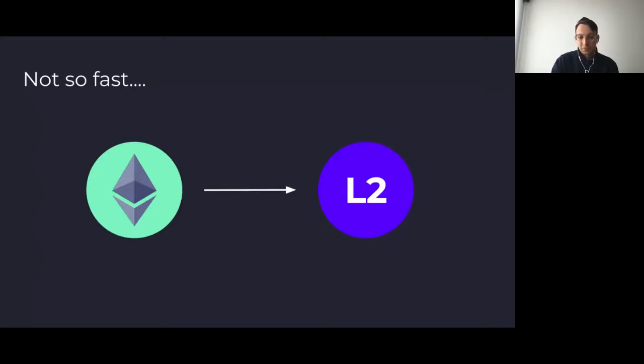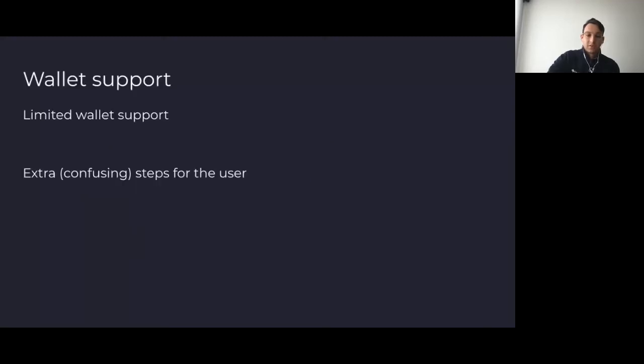Moving from Ethereum to the layer 2 and back, there are a couple of gripes that we can talk about today, and they are general things that are beyond the scope of one company or one group of people, but more of a community effort to educate and create the tooling and infrastructure. So first off, we start with wallet support.